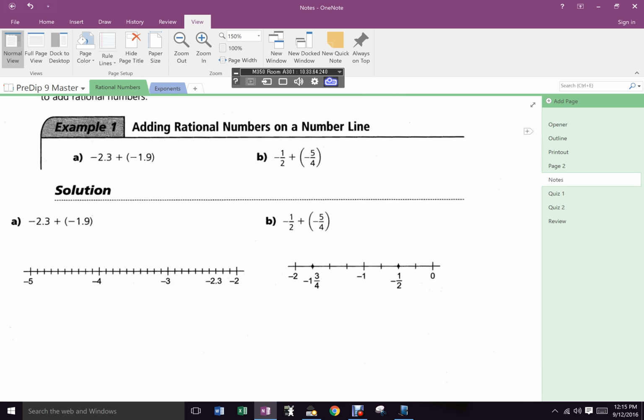Cool stuff. So, just like I did before, I want you guys to be aware of the number line because it is so fundamental to higher level math to actually understand what is going on. For example, I have helped you out with this one to show you. This says negative 2.3 plus negative 1.9. Now, what does that mean in English? What does that mean is happening on our number line?